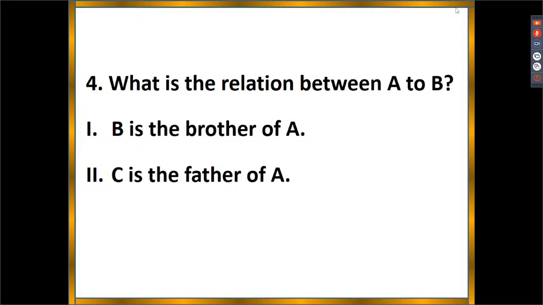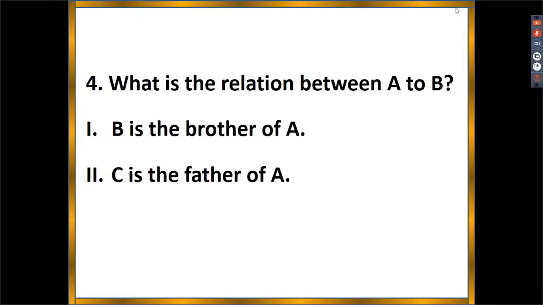But coming to the second one, C is the father of A. We don't want the C to A relation. So statement 2 alone is directly not sufficient. But if you know the gender of A, statement 1 alone would be sufficient.